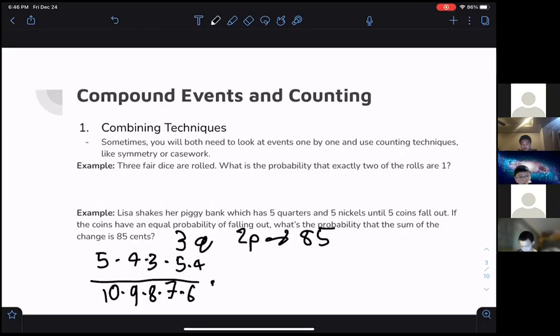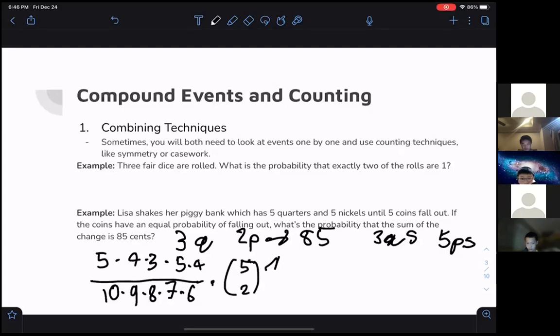However, we also need to account for the fact that the quarters and nickels can basically fall out in any order. And so we must account for the symmetry in the orderings. So this is basically the number of ways to arrange 3 Qs and 2 Ns together, which is just 5 choose 2 in this special case, which is equal to 10.